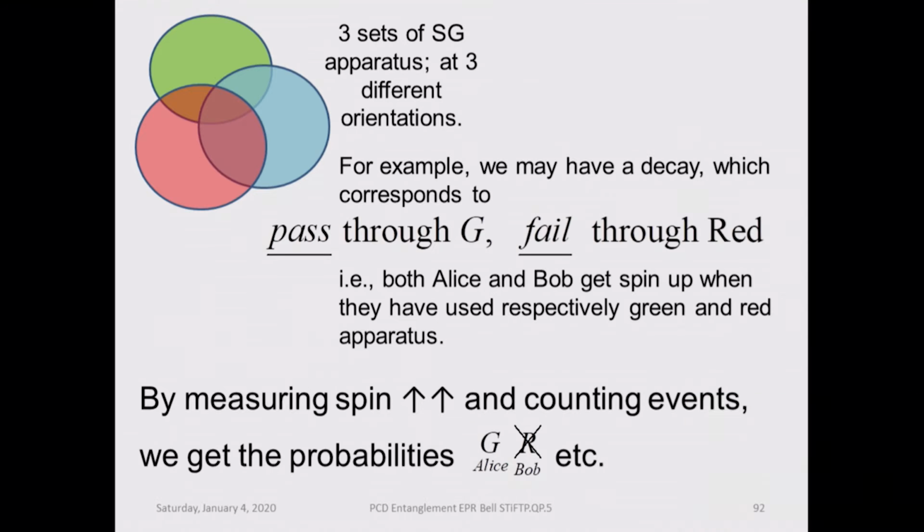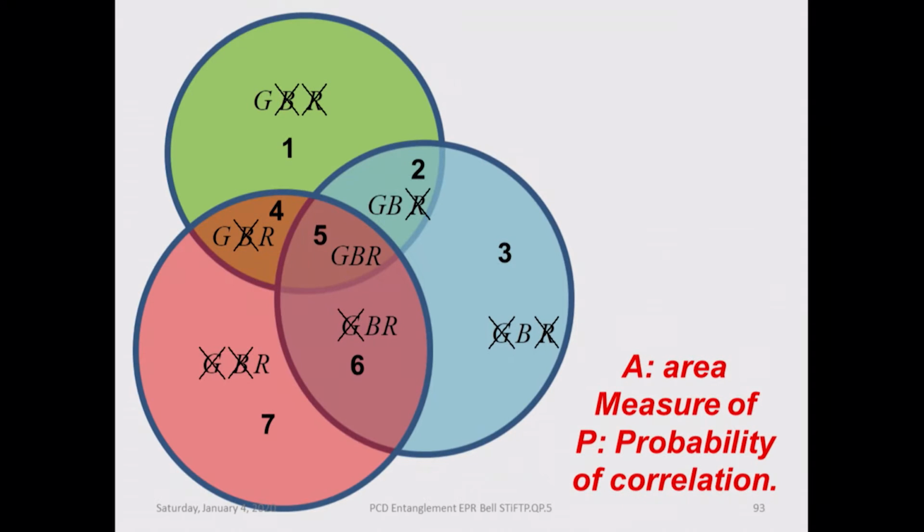So, what you can do is you can keep counting when do they get spin ups and when do they get spin down, what are the probabilities, and maintain a record and then compare the predictions. And in this, the area of overlap and so on is a measure of the probability correlation. Okay, it is common to both the apparatus.